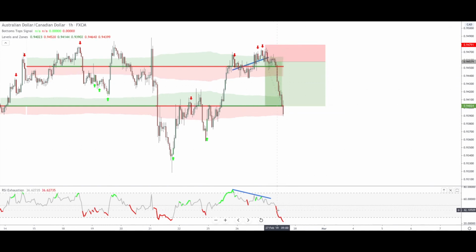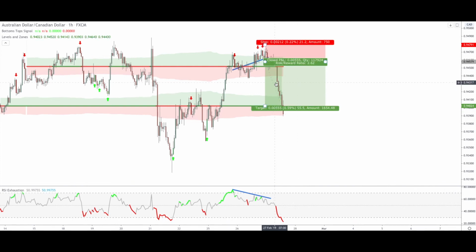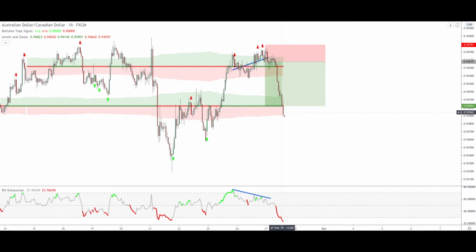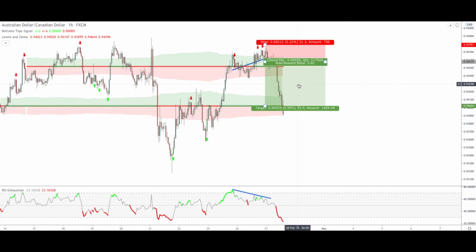The RSI continues to fall, and as long as it stays oversold and exhausted as well, considering the price moves this fast, it can continue to fall quite substantially, and the RSI can stay oversold and exhausted for a prolonged period of time. So our trade was very safe, and so we got what we wanted.